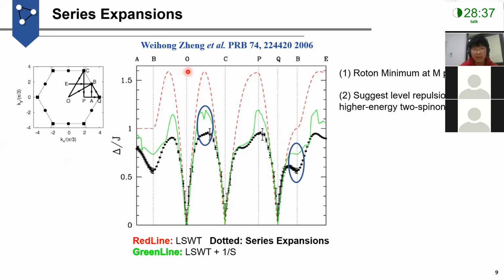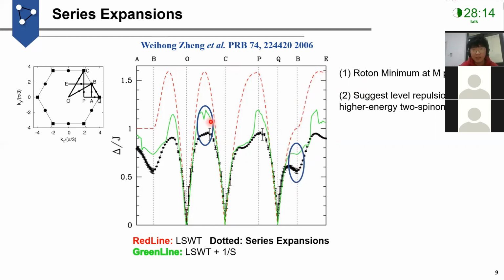Another perturbative method based on series expansion also shows that there is a large downward shift compared with the linear spin wave theory prediction. The black dot is the series expansion result, the green curve is the 1/S correction, and the red curve is the linear spin wave result.